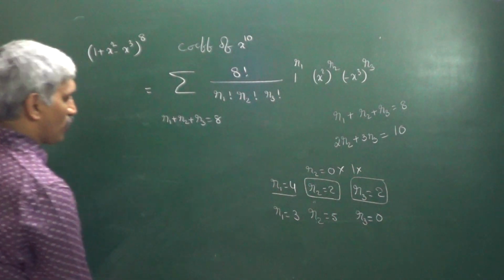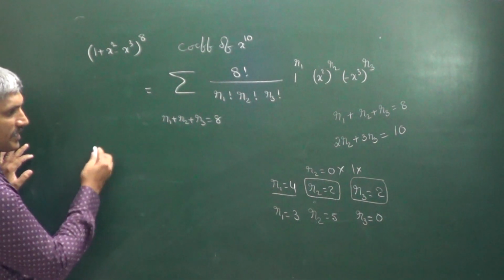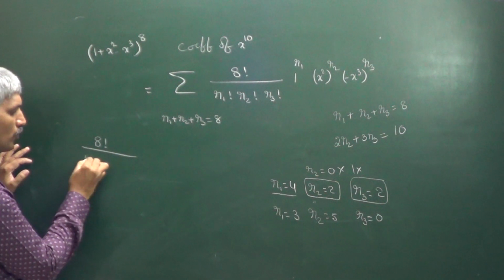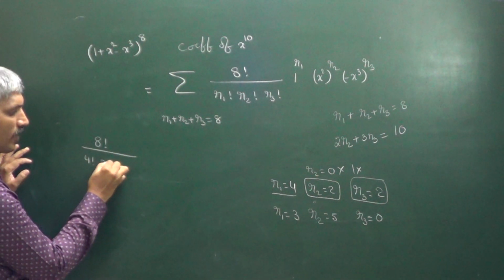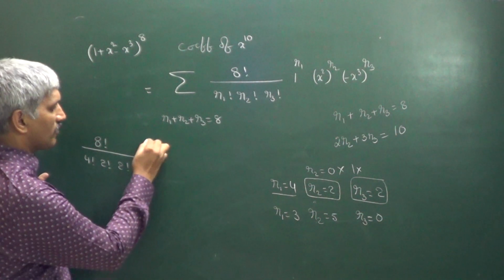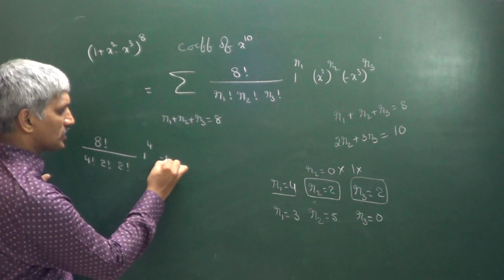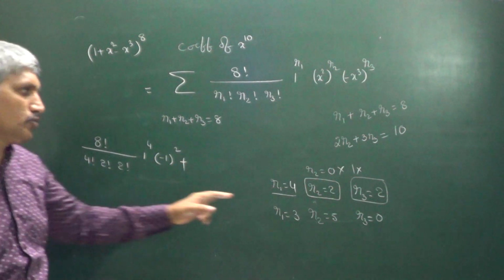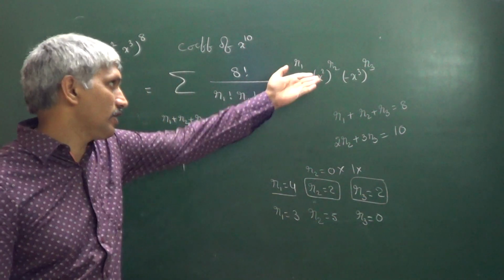Now I can write the coefficient of x power 10 as 8 factorial divided by 4 factorial into 2 factorial into 2 factorial into 1 power 4 into minus 1 whole to the power of 2, when I substitute the r1, r2, r3 values there.